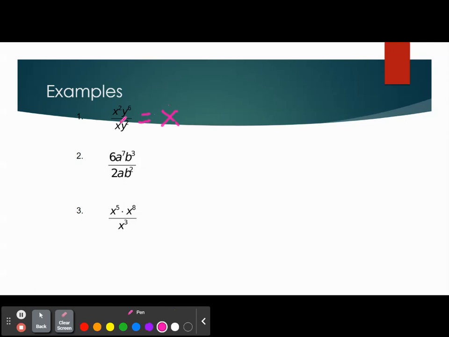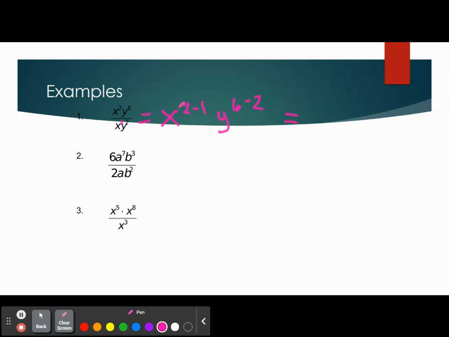Remember, this x has a 1 as an exponent, so you would do 2 minus 1. And then for your y's, you would do 6 minus 2. Now, I'm only showing this step right here so you can see where my numbers come from. And you'll see in just a moment, I won't even be doing this part because you can do the subtraction hopefully pretty easily in your head or on your calculator.